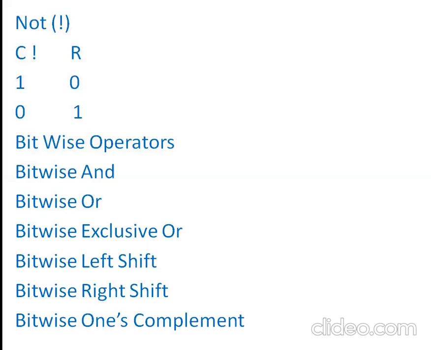First one is bitwise AND, then bitwise OR, then bitwise exclusive OR, then bitwise left shift, then bitwise right shift, then bitwise ones complement. So let us see the bitwise AND operator.